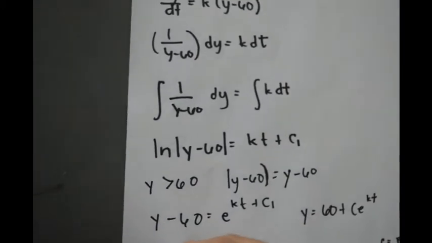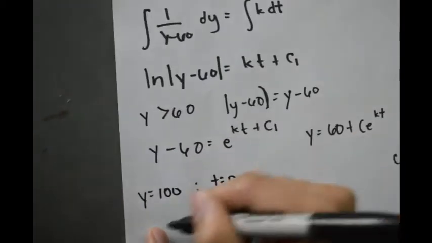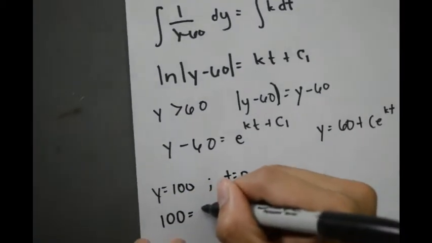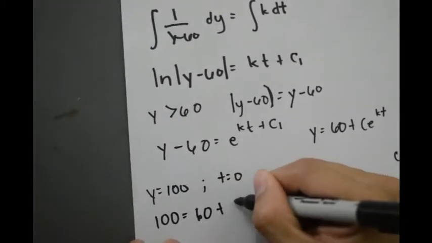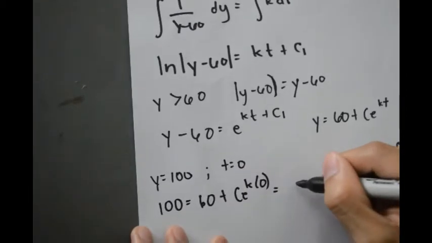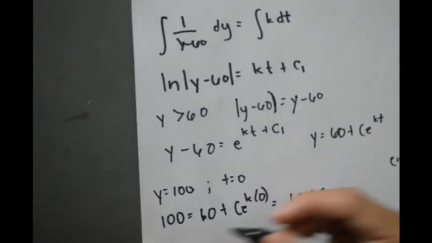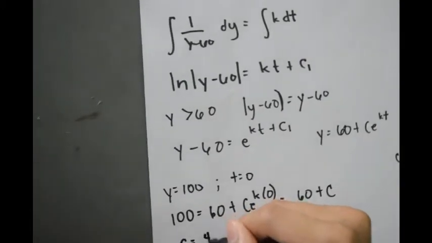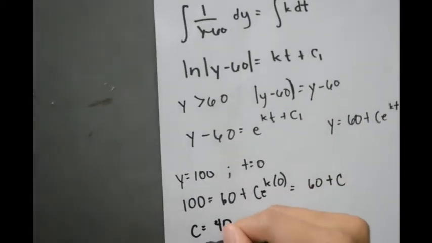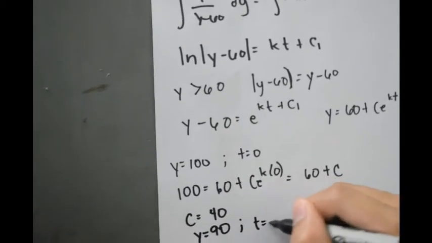Using y is equal to 100 when t is equal to 0, you obtain 100 equals 60 plus c e raised to k times 0, equals 60 plus c, which implies that c is equal to 40, because y equals 90 when t is equal to 10.